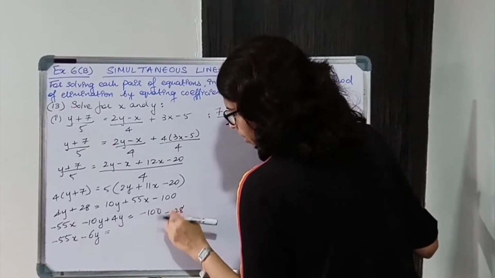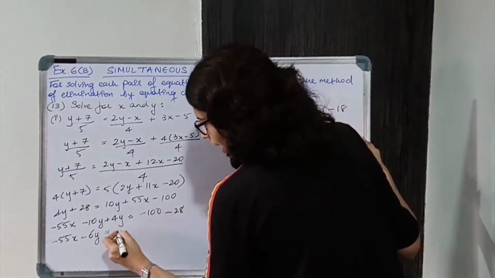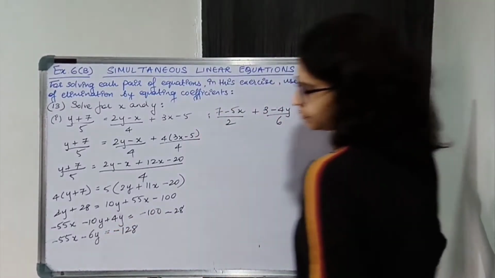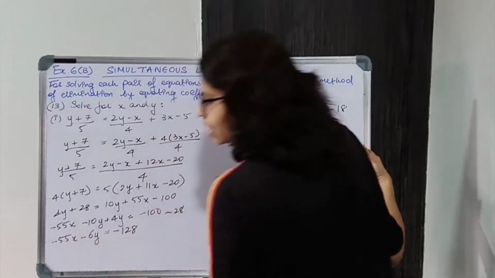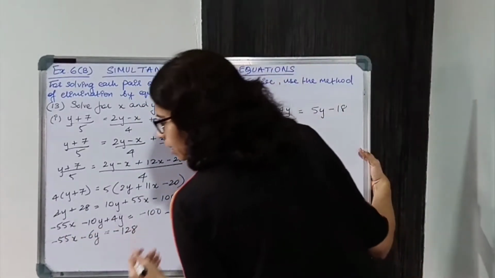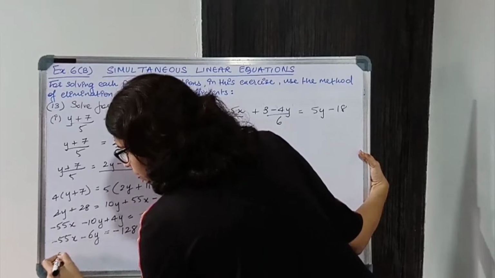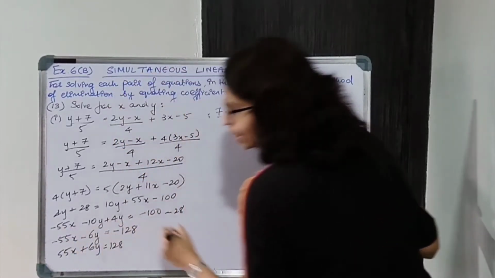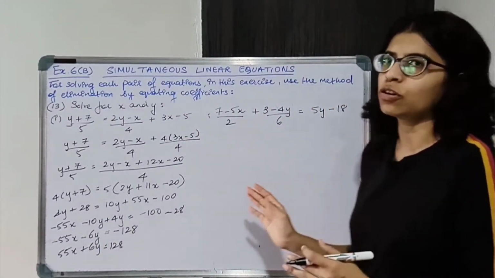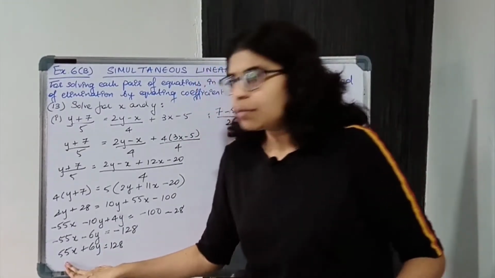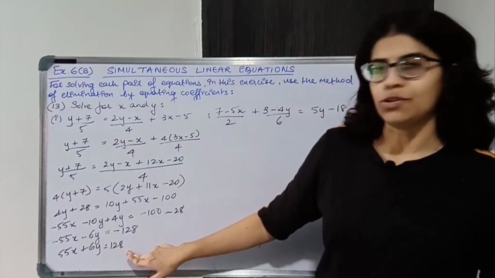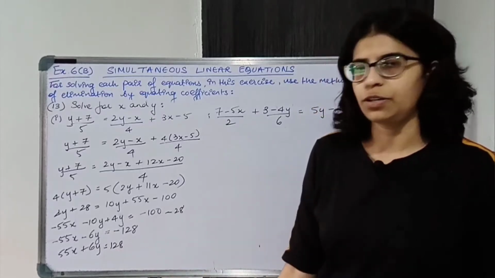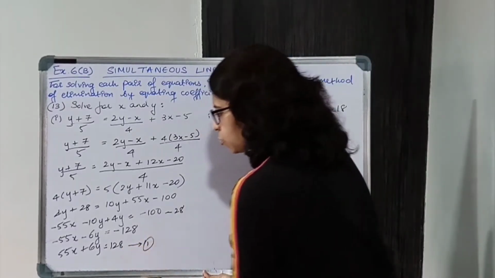This is minus 28. So adding gives minus 128. Okay, so all these are negative. We can't just cancel the negative signs, that is mathematically wrong. Instead you can say multiplying by minus 1, the equation becomes positive. So 55x plus 6y is equal to 128. This is the first equation.